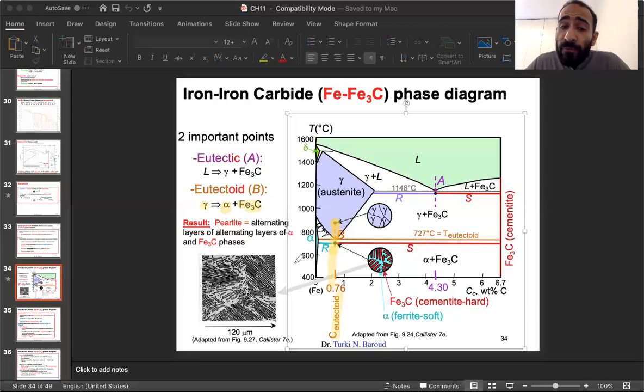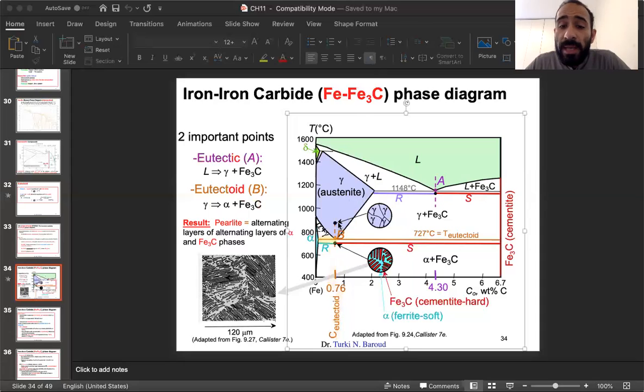Now, as we learned from the eutectic reaction, if you have a composition that is lower than eutectoid or higher than eutectoid, you're going to have something different. If you are in this region, it's called hypoeutectoid, meaning you have a composition that is lower than the eutectoid.